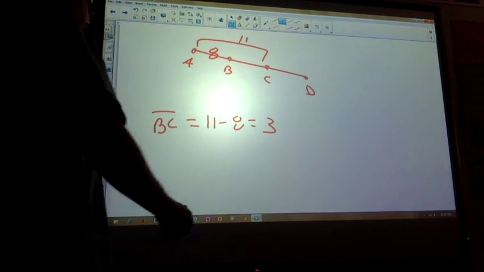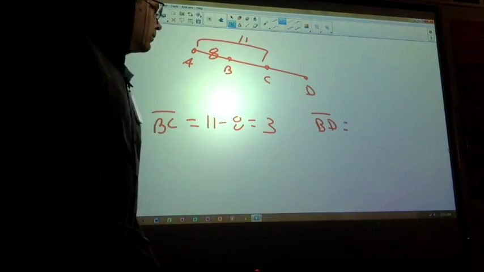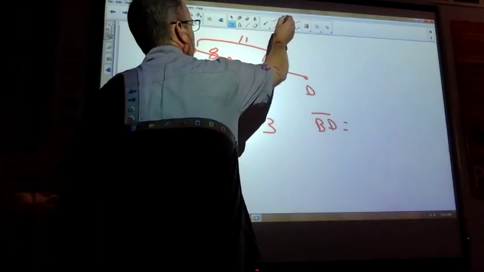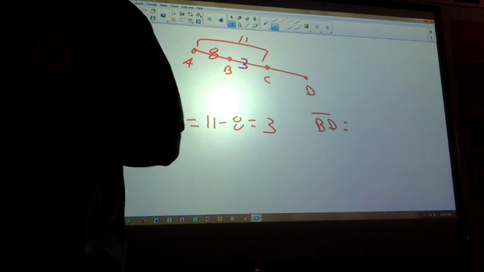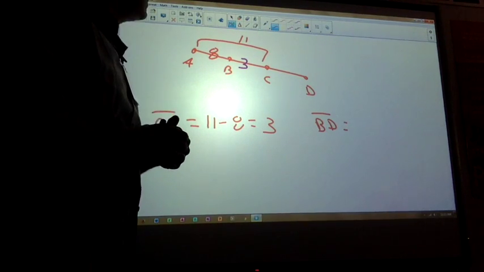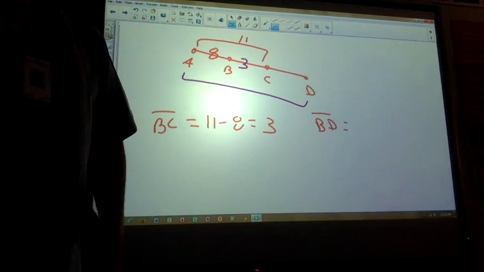B? BD. So they want us to find BD now. With this information, I know this right here is 3 because we already solved it here. And then they also tell us that AD, so A to D, is 17.